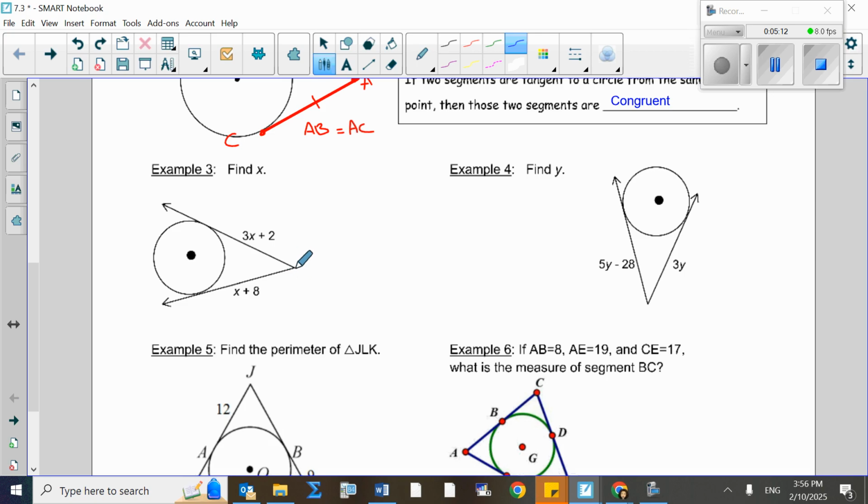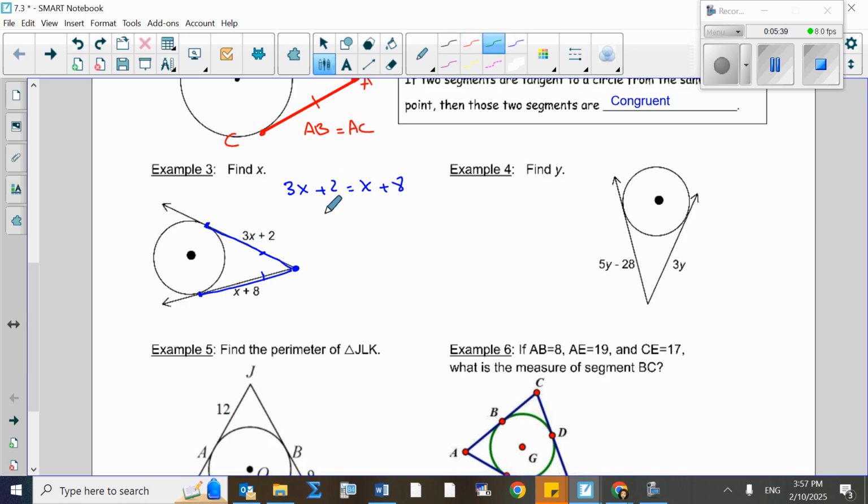As you see, we have one point outside of the circle, and then we have two tangent lines. They're coming from the same point. So that means this line is equal to this line. The distance from here to this point is equal to the distance from here to this point, and they're given. They're equal to each other. So I'm going to write 3x plus 2 equal to x plus 8.